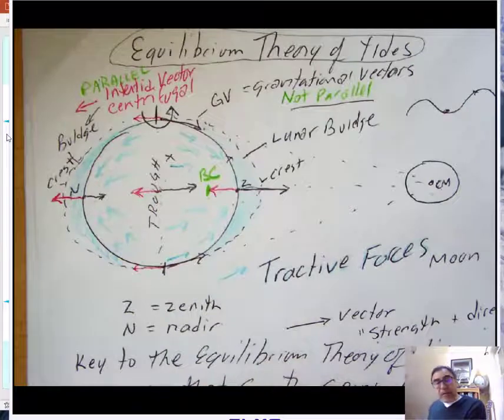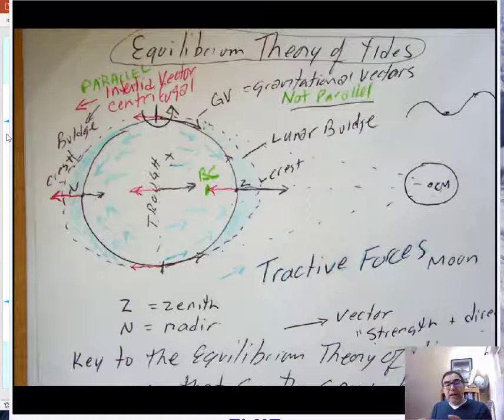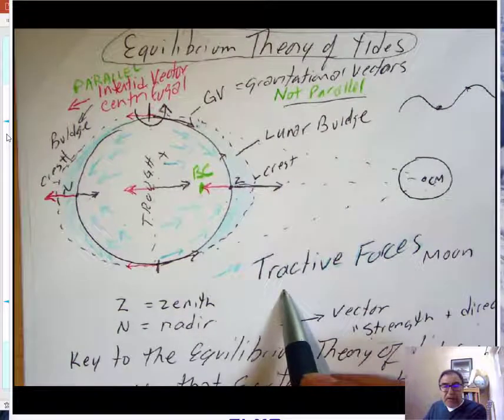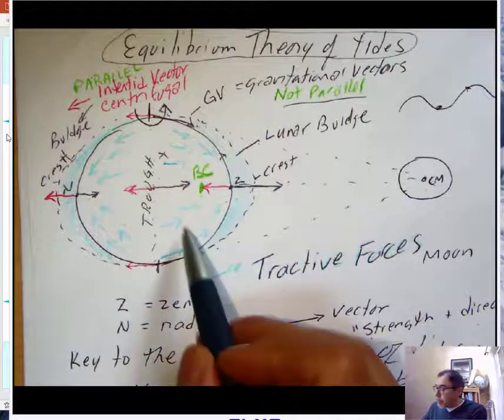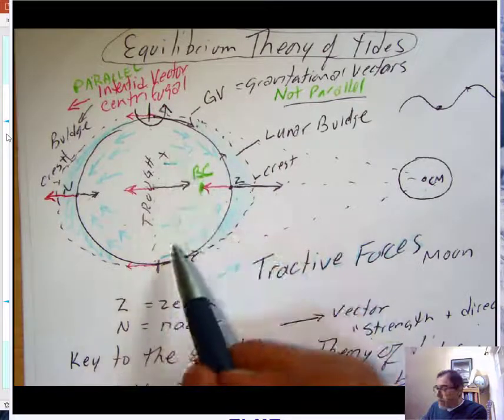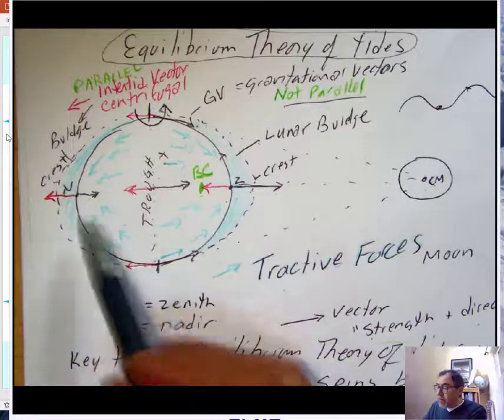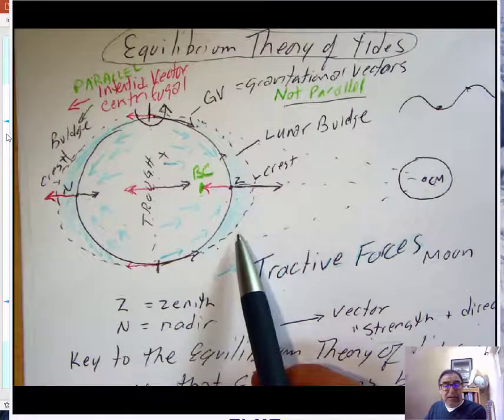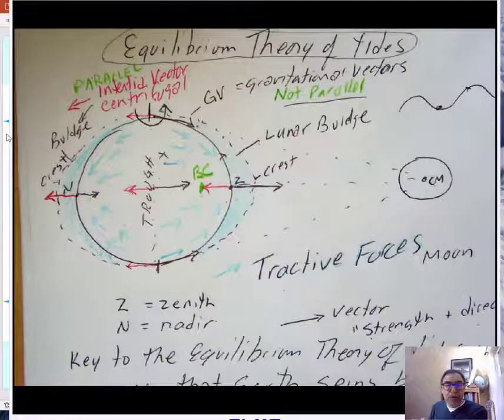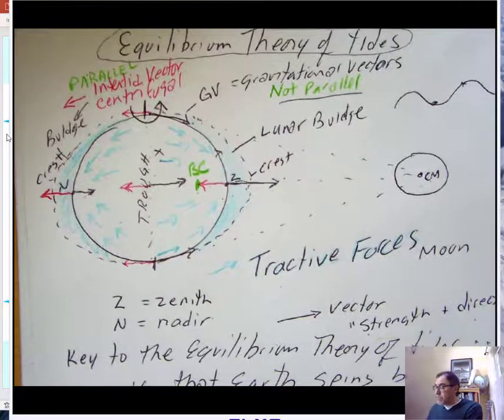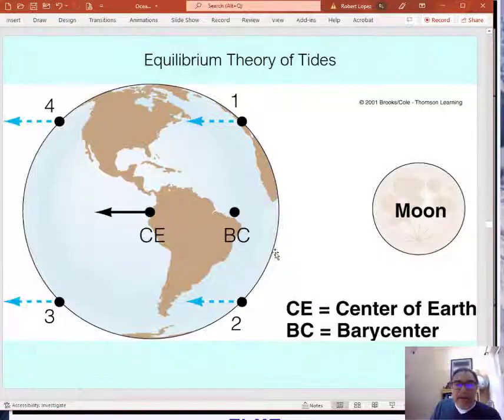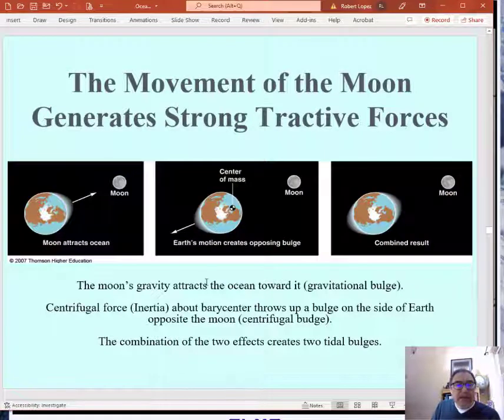So that's really what's kind of pulling and pushing the water. In fact, I talk about these tractive forces down here. The tractive forces are going to push and pull, with these arrows going here, pulling or pushing the water into these tidal bulges, right? That's a key thing. So as we go over here, the result is we're seeing that lunar bulge and that centrifugal bulge, and then the result is we get the two bulges, right?